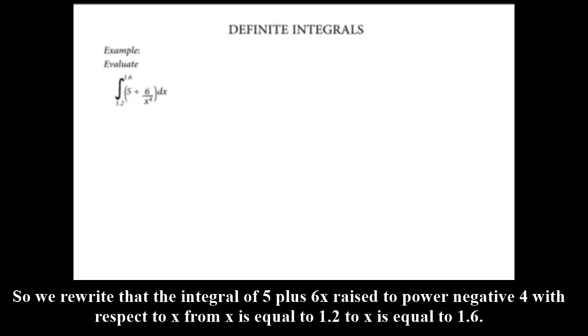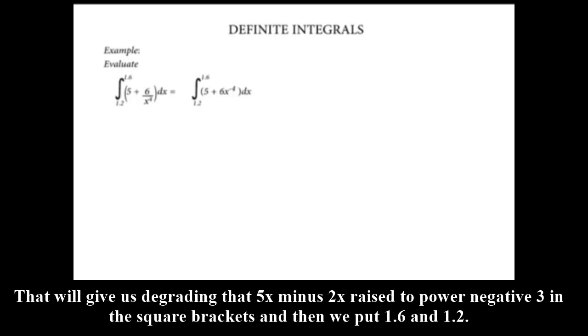So we rewrite that: the integral of 5 plus 6x raised to power negative 4 with respect to x from x is equal to 1.2 to x is equal to 1.6. That will give us, integrating, 5x minus 2x raised to power negative 3 in the square brackets, and then we put 1.6 and 1.2.